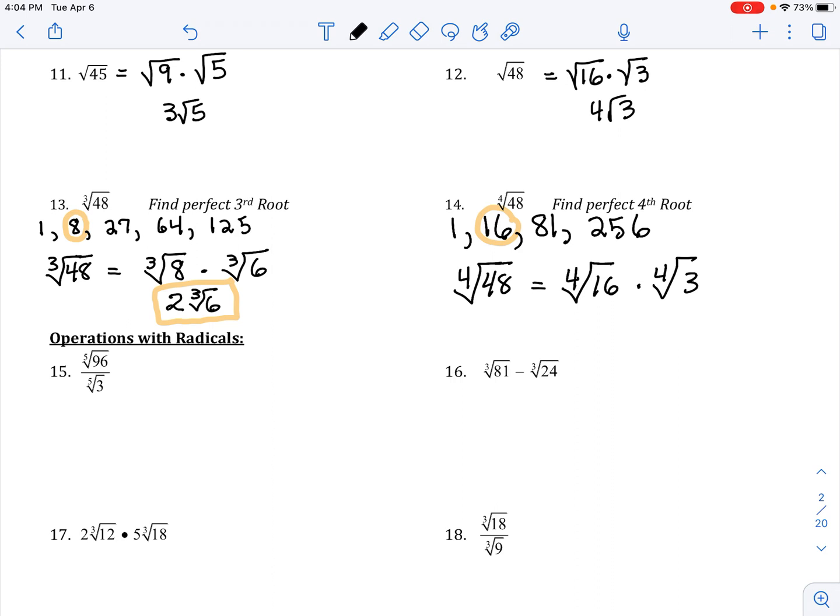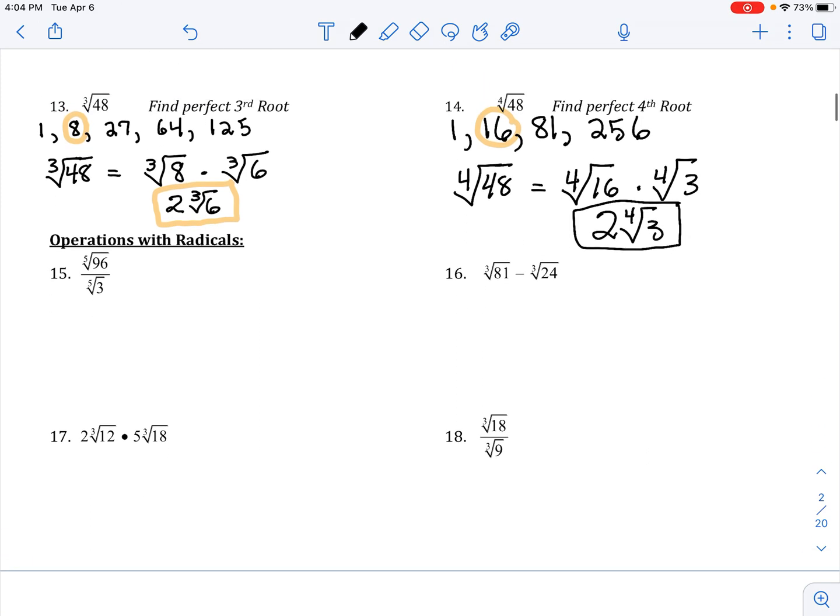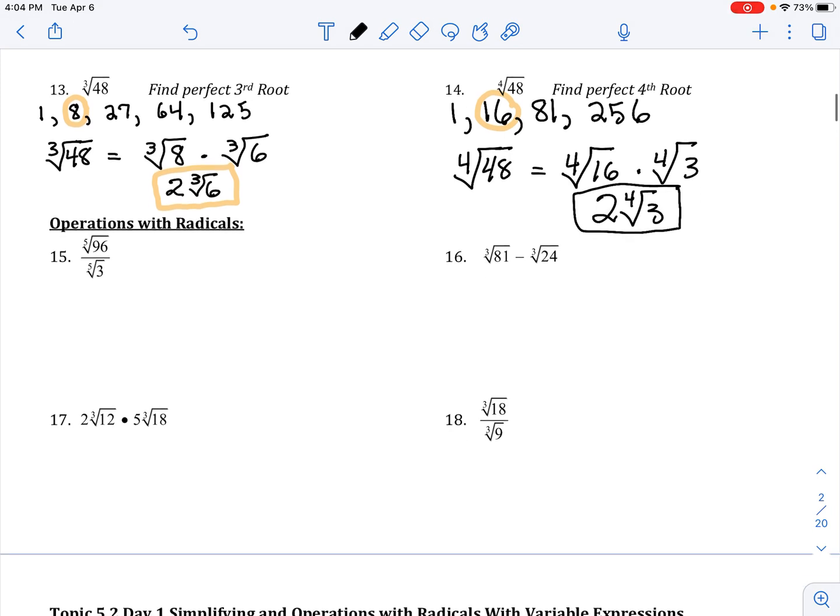The fourth root of 16 is 2, with the fourth root of 3 remaining. So when you're working with square roots, cube roots, fourth roots, we're always looking for that largest perfect root that divides into the radicand. When you're doing operations, add, subtract, multiply, divide, here are your rules.